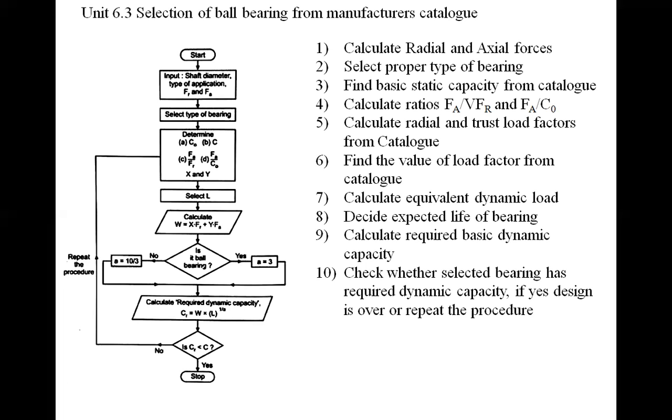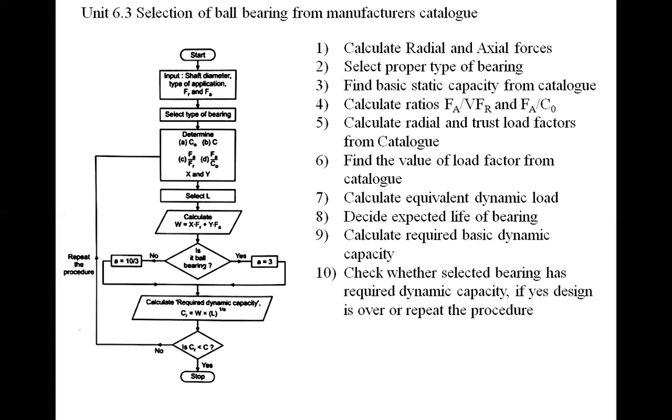Now, if the required dynamic capacity is less than the basic dynamic load we got from the catalog for that particular radial and axial load, then the particular bearing will sustain that much load.